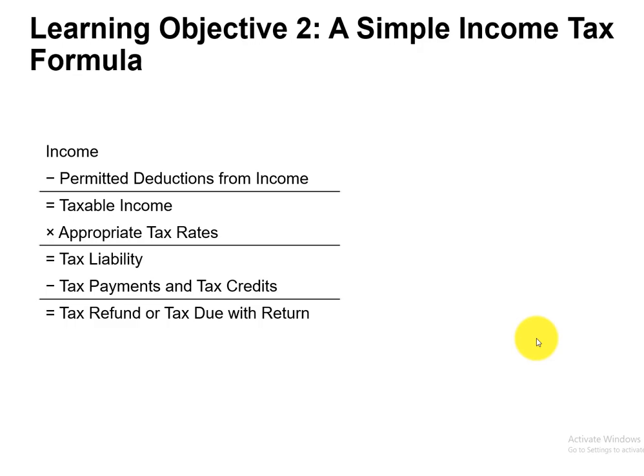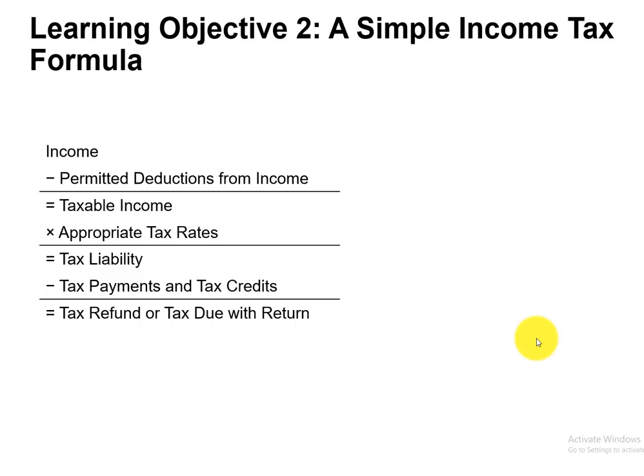Deductions subtract from your taxable income, which is then multiplied by the tax rates and can lower your tax liability, but they don't do it dollar for dollar. So for instance, if you have a $1,000 deduction and you are in the 22% tax bracket, you're going to save $220.